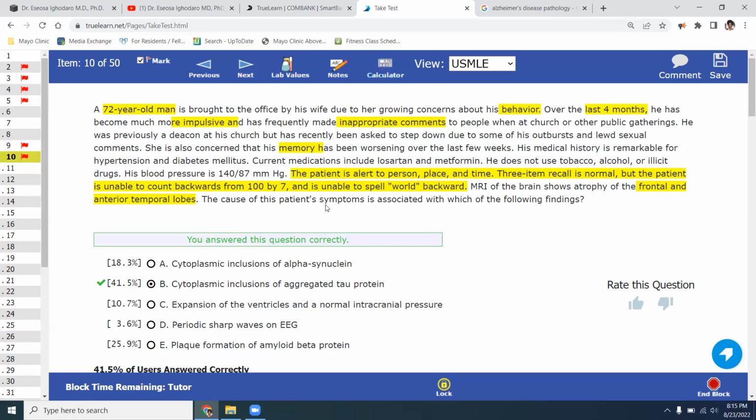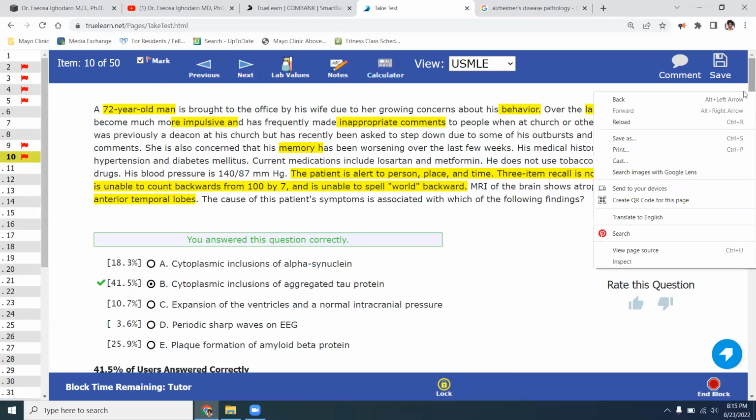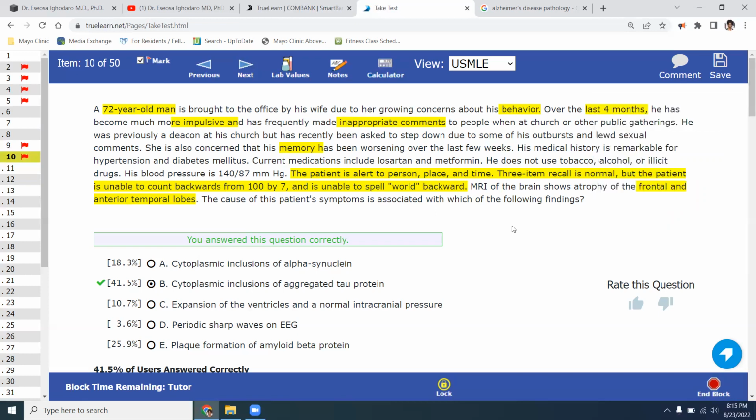So now they ask us the cause of the patient's symptoms is associated with which of the following. Another testing strategy I recommend is before you look at any of the options, you first want to figure out in your head, what do I think the diagnosis is? So the key neurodegenerative processes that you should know are Alzheimer's disease, dementia with Lewy body, prion disease, vascular dementia, and then Parkinson's disease.